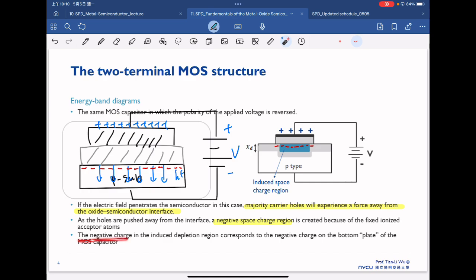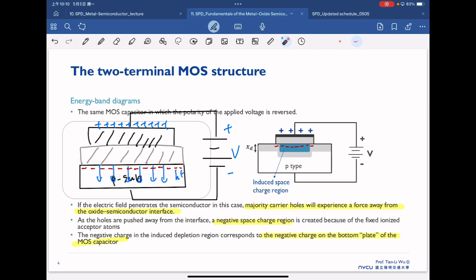The negative charge in the induced depletion region corresponds to the negative charge on the bottom plate of the MOS capacitance. So in any case, once these holes are pushed away, this negative charge appears at this interface, and that will work as a bottom plate for this MOS capacitance.